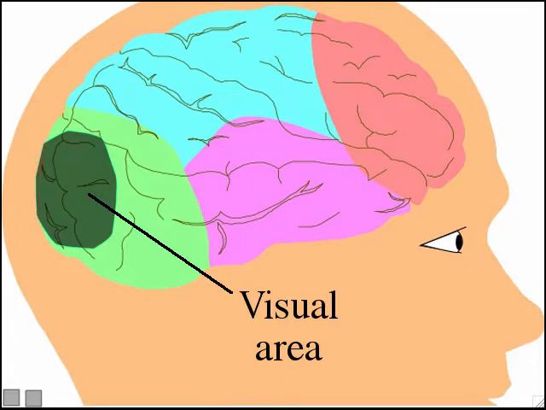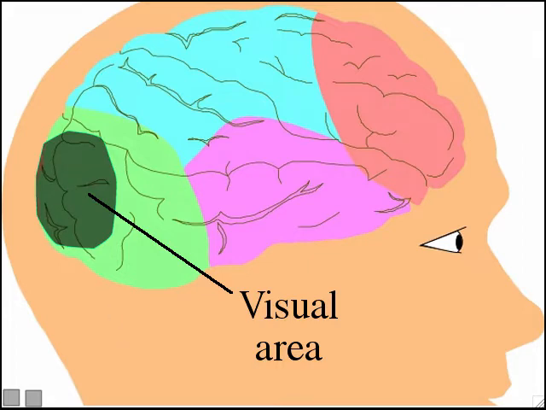Let's see. So as one example, there's a visual area. As you can see, this visual area is in the occipital lobe. And so this is the area of the cerebrum that receives nerve signals from your eyes. So the sensory neurons in your eyes send their sensory signals to the visual area of the cerebrum.